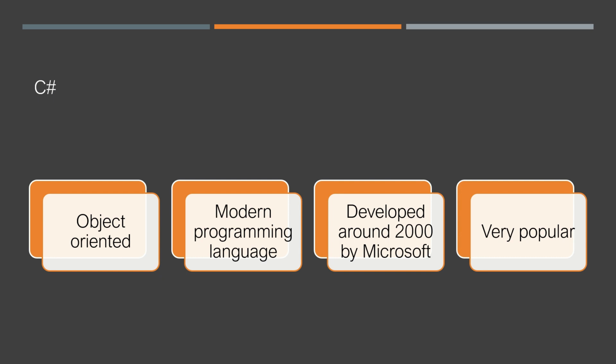Don't get worried about the term object-oriented programming. If you don't know, we will cover it in our later videos. Same is the case with all other languages as well. So as you get a strong grip on object-oriented programming and C#, it is going to help you everywhere else as well.